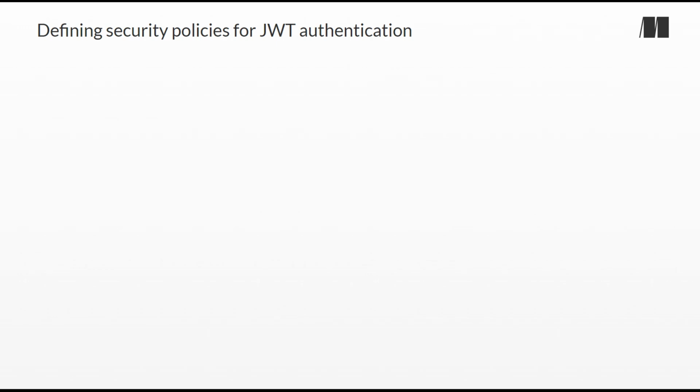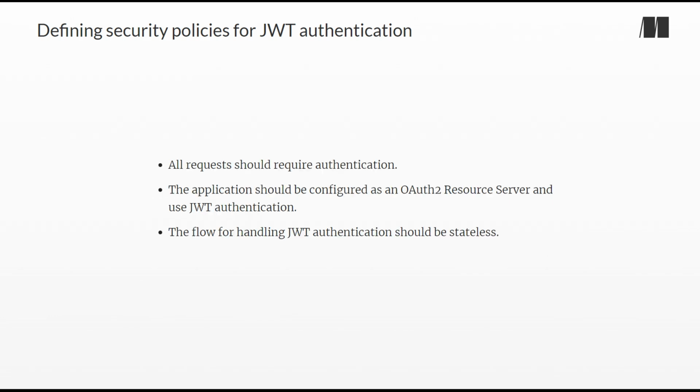Defining security policies for JWT authentication. For the Order Service application, we want to enforce the following security policies. All requests should require authentication. The application should be configured as an OAuth2 resource server and use JWT authentication. The flow for handling JWT authentication should be stateless.